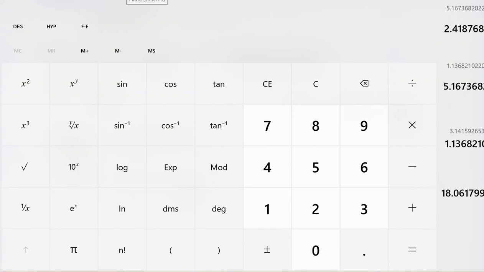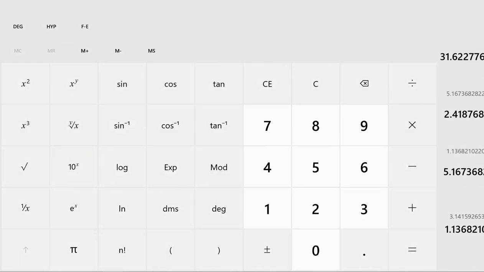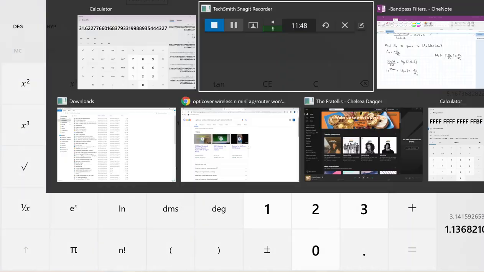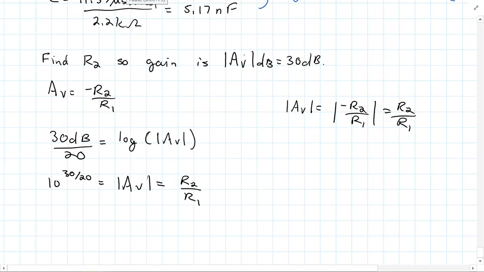Just double checking my computations here for a second. Yep, that is correct. So I get 31.6. So that's the gain I need to get out of this.